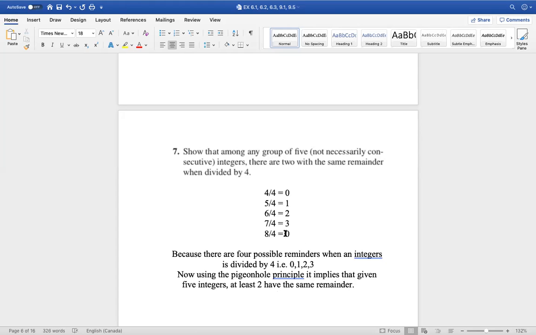So we take 5 consecutive integers starting from 4: 4, 5, 6, 7, 8. There are 2 among the 5 consecutive integers which have the same remainder. So we basically proved it using the pigeonhole principle.